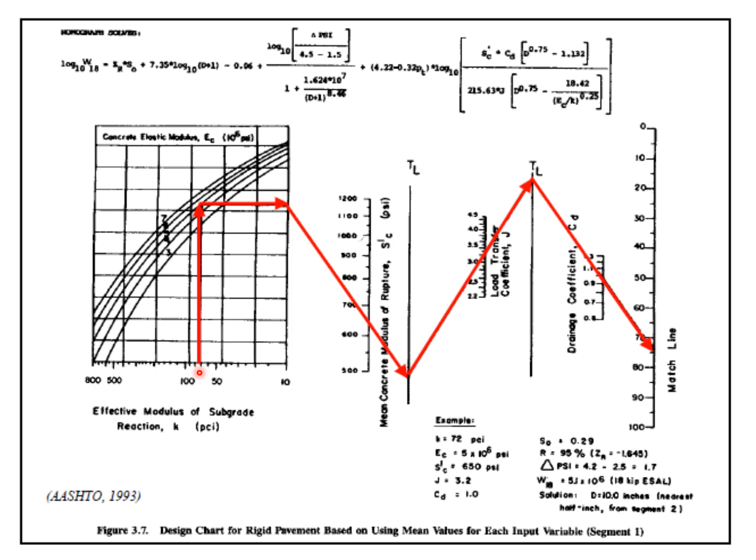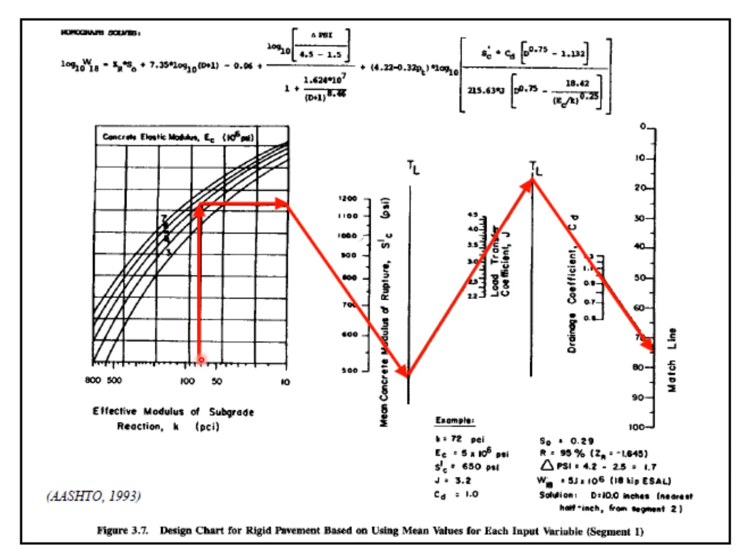So starting from here, look at this set of curves for the concrete elastic modulus. For different concrete elastic modulus E sub C, we have these. Let's say we have the concrete elastic modulus equal to this.